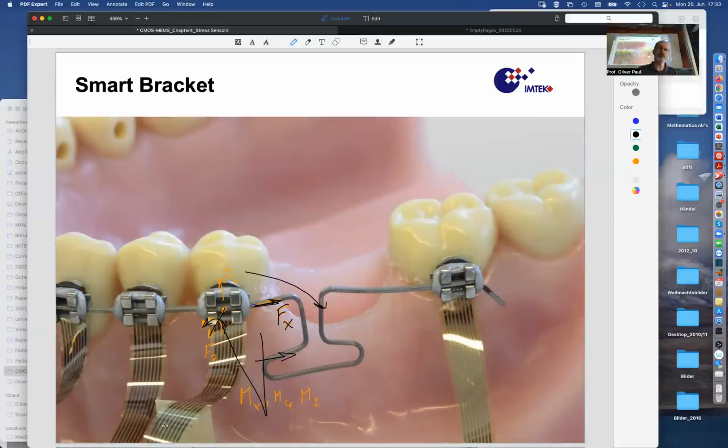But if this is to be applied to a patient, of course, it needs to be equipped with a non-contacting transmission of energy and information and data, and that requires a method called telemetry.